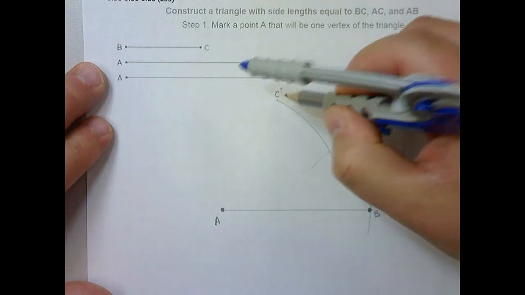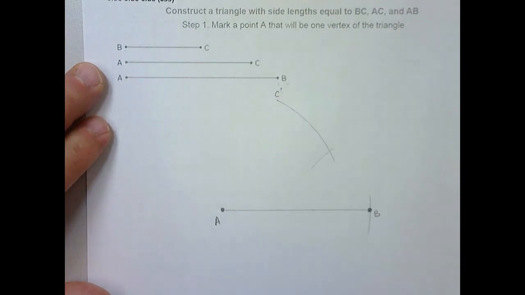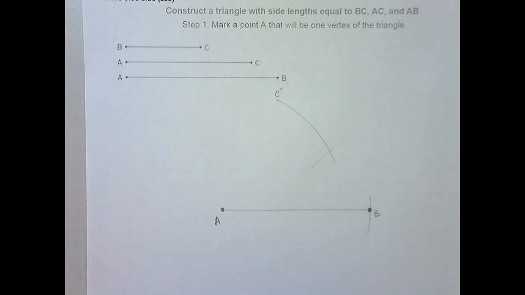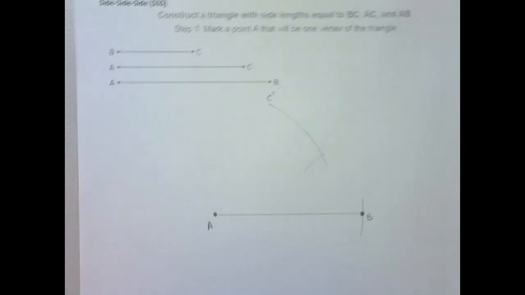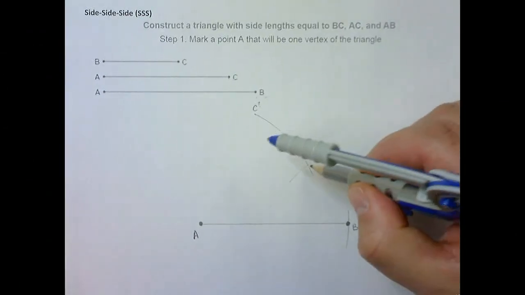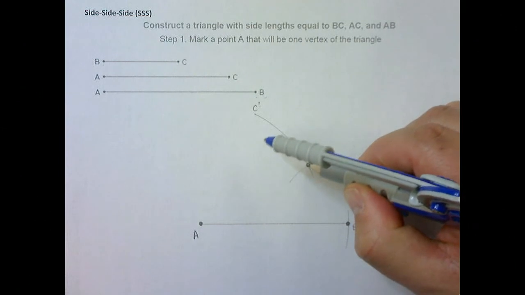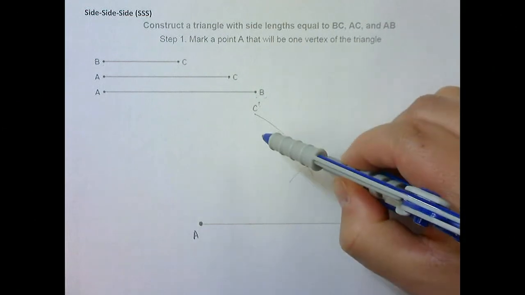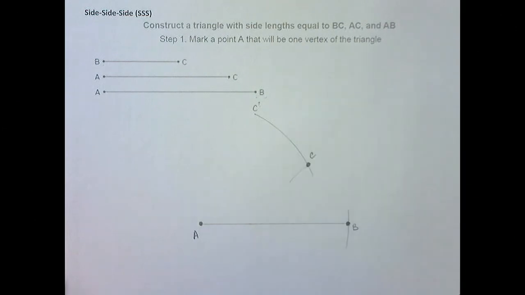So that's why we had to make a big arc with this, because we really couldn't predict exactly where it was going to be. So now that we took our arc that represents BC, where those intersect is where C must be if we are going to follow the side-side-side pattern.